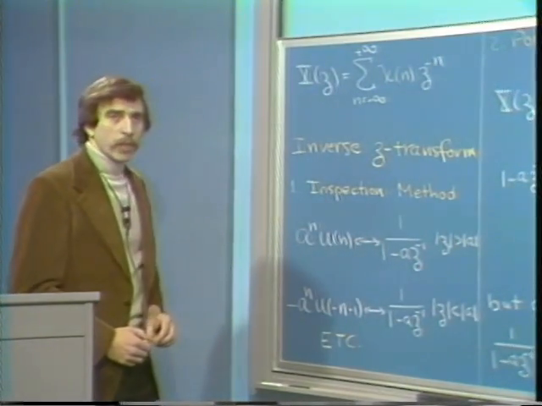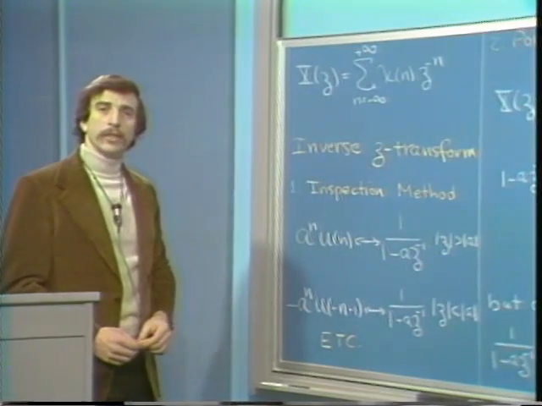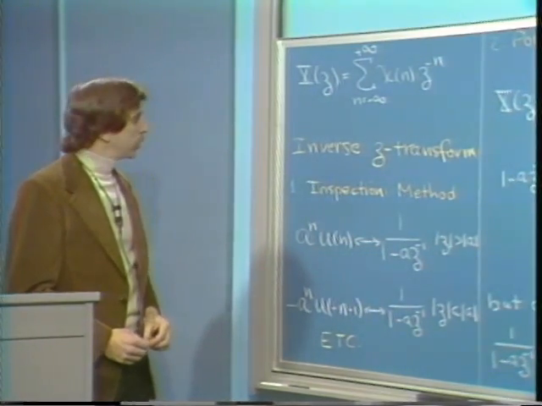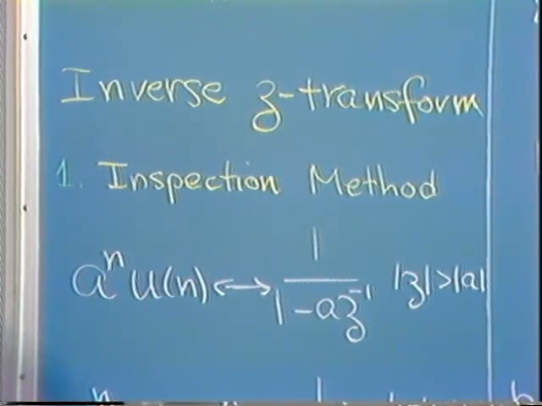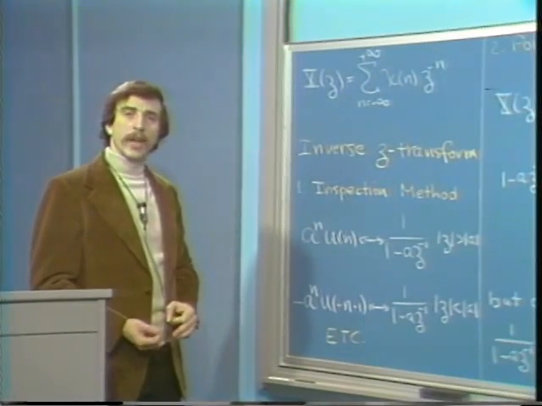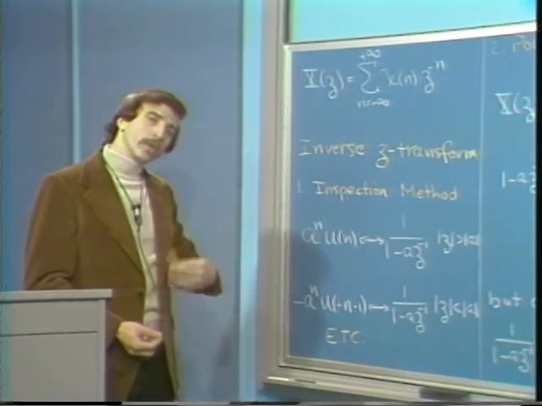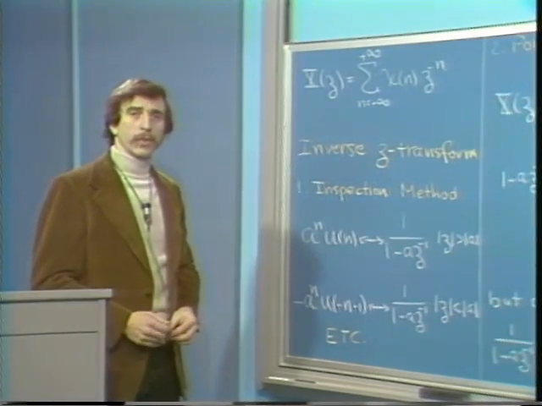To begin with, an informal method, and a method that, in fact, most of us tend to use the most often, is what we could refer to as the inspection method for computing the inverse Z-transform. Basically, the inspection method says if we've computed a Z-transform from a sequence, then by looking at that Z-transform, we can recognize more or less by inspection the sequence that it came from.